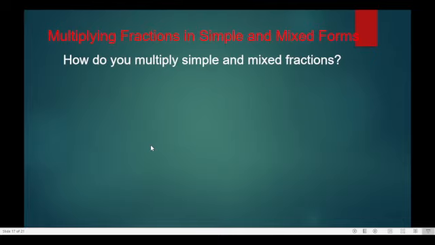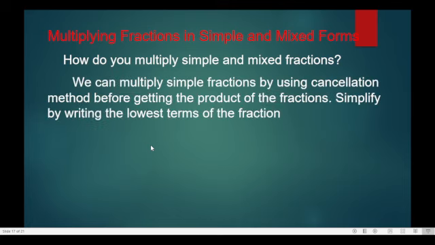Now, how to multiply a simple fraction and a mixed fraction? Of course, we can multiply the fractions by using the cancellation method before getting the product, and then simply express it in lowest terms.